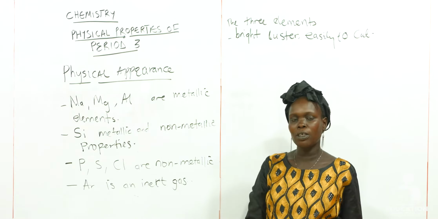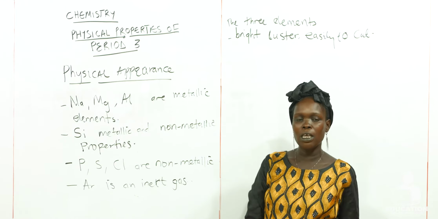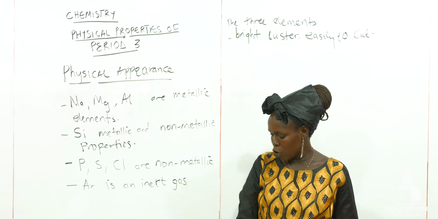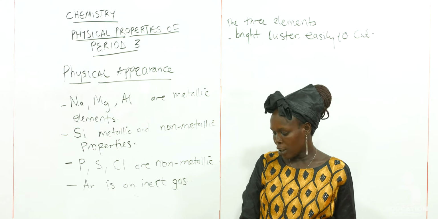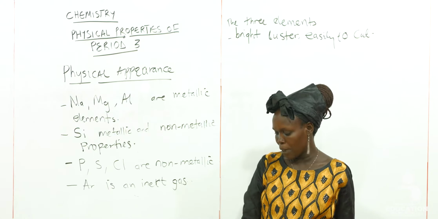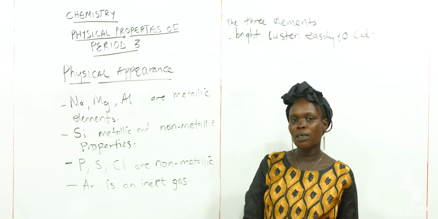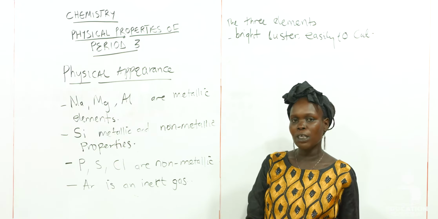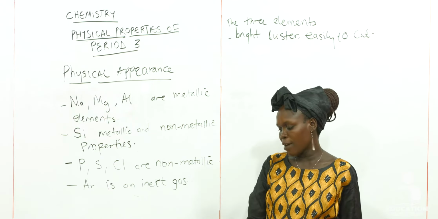Phosphorus is a waxy solid. Among the three non-metallic elements, it is a waxy solid and distinctly non-metallic in appearance. It has different colors: white, brownish, or red.